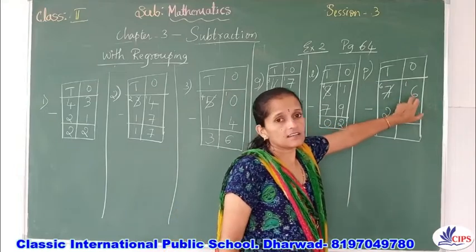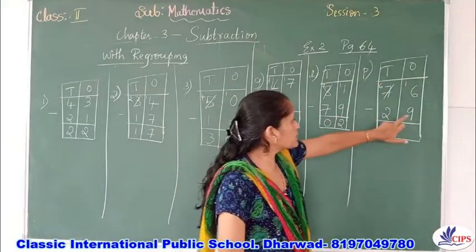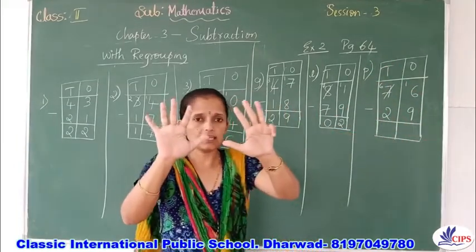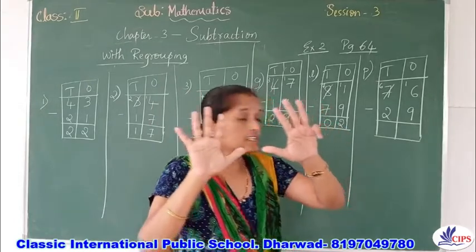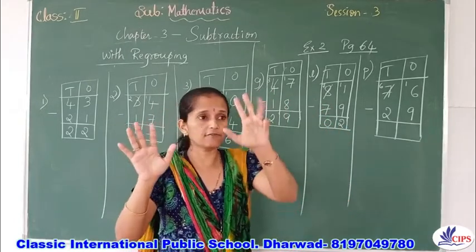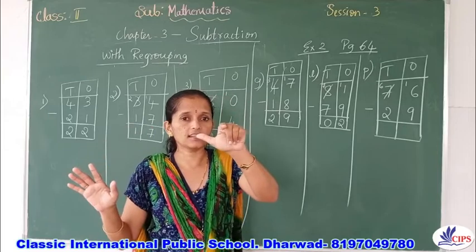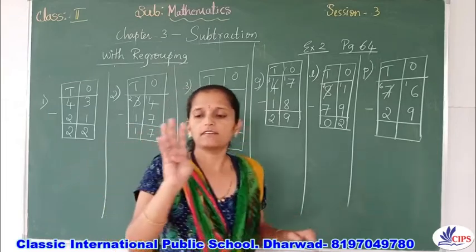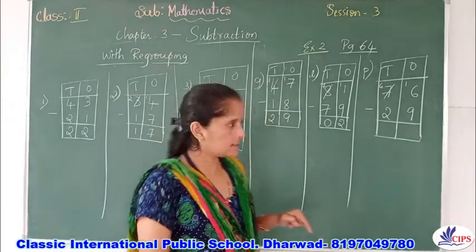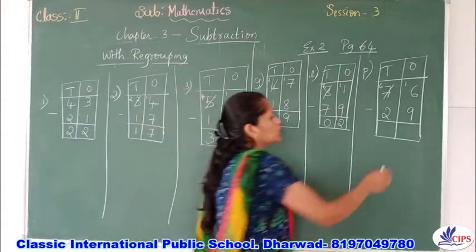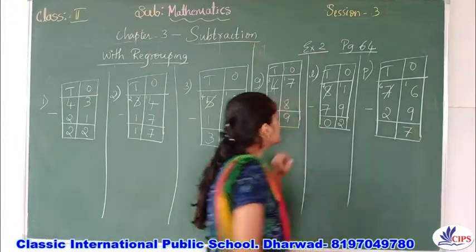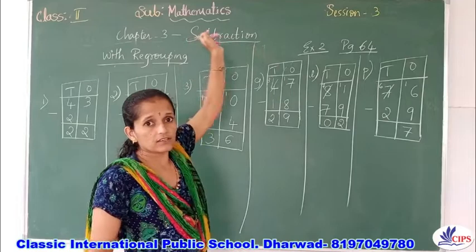Now it is 16. I don't have 16. Again go for this number. Hold 9. 16 is there, don't take 16. 15, 14, 13, 12, 11, 10, 9, 8, 7. So we are doing this backward counting only in subtraction with regrouping.